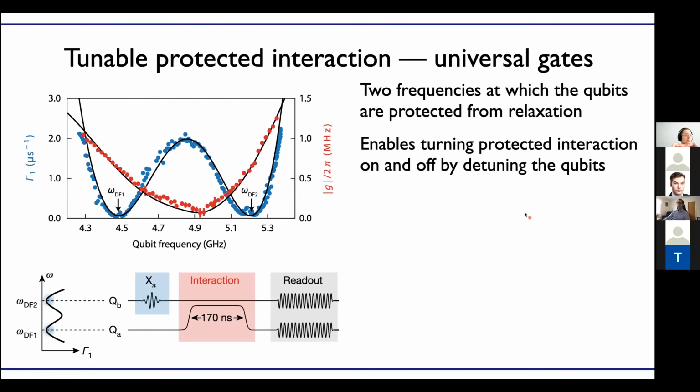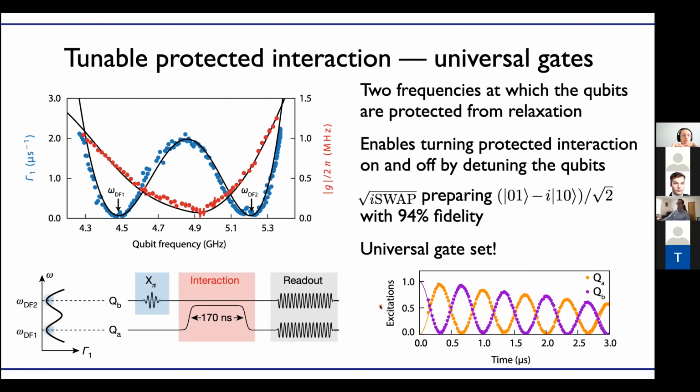So that's what we did then. We start with one qubit at each of these frequencies. We excite one of the qubits, and then we tune the other qubit to that frequency. So we turn on the protected interaction, and then we tune it back and we read out.